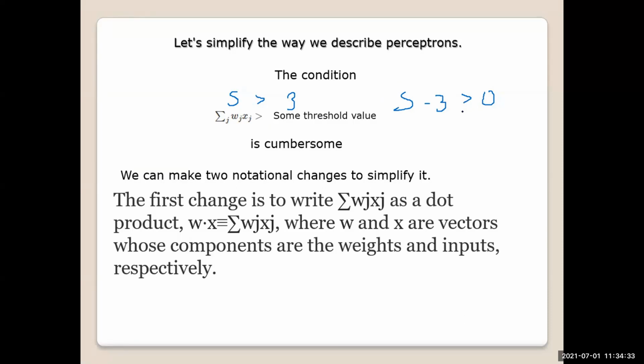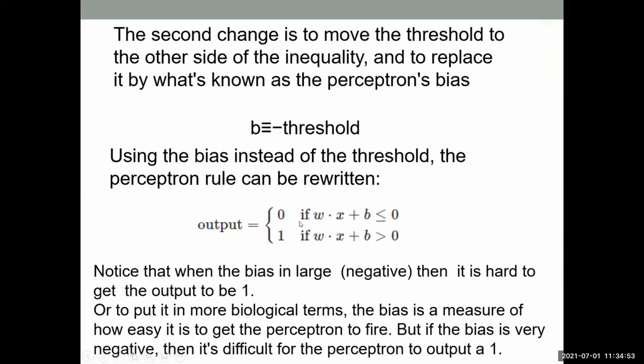If you want to have 0 on the right side of this symbol, you can do it like this. The whole sigma can just be called the dot product of the weight and the x. So this is the S, and then we bring the threshold over to this side, and they're calling the threshold b, so it would be minus b. b stands for minus the threshold, so that way we can have a plus b here.